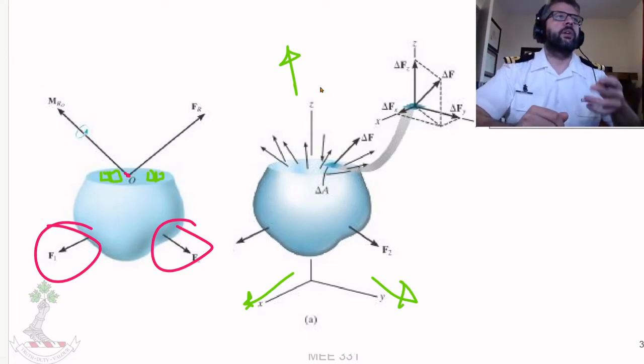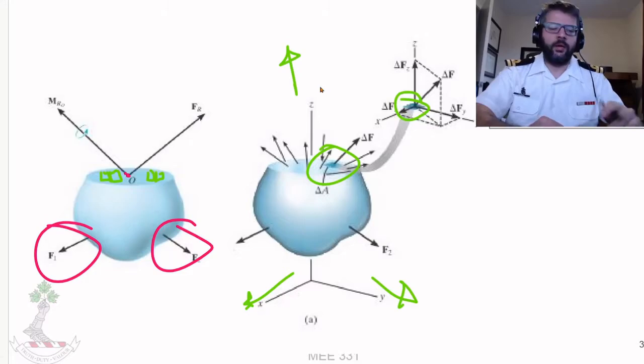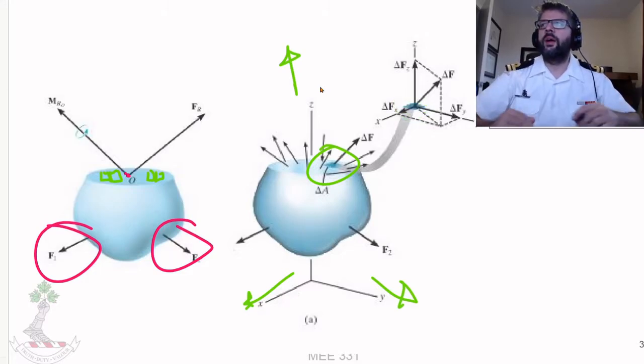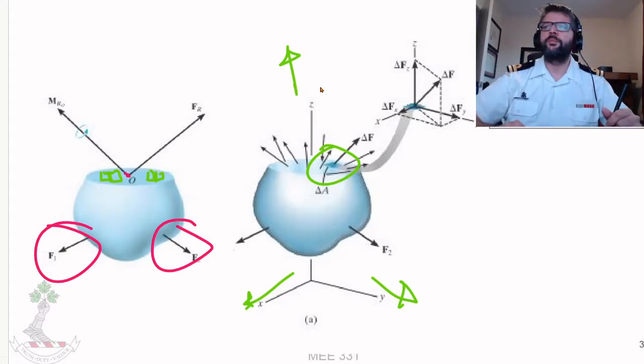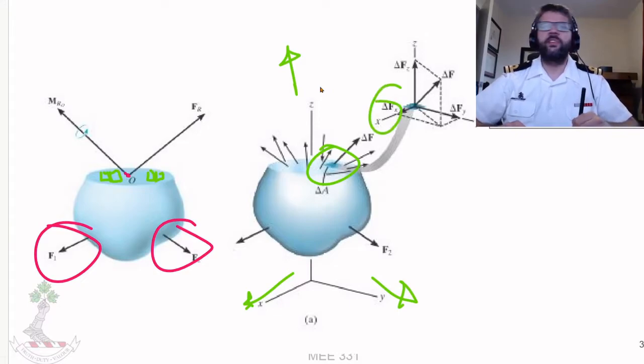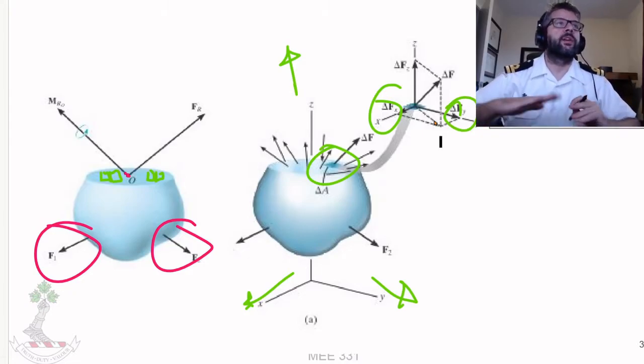those localized forces can have z or y or x components to them. So you'll note here that the forces in the x direction and the forces in the y direction, they're acting parallel to the cut that was made, whereas the z-axis is pointed straight out.